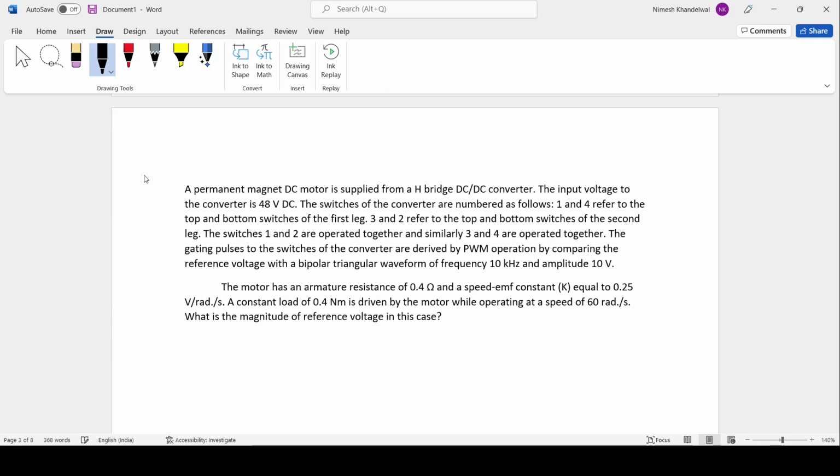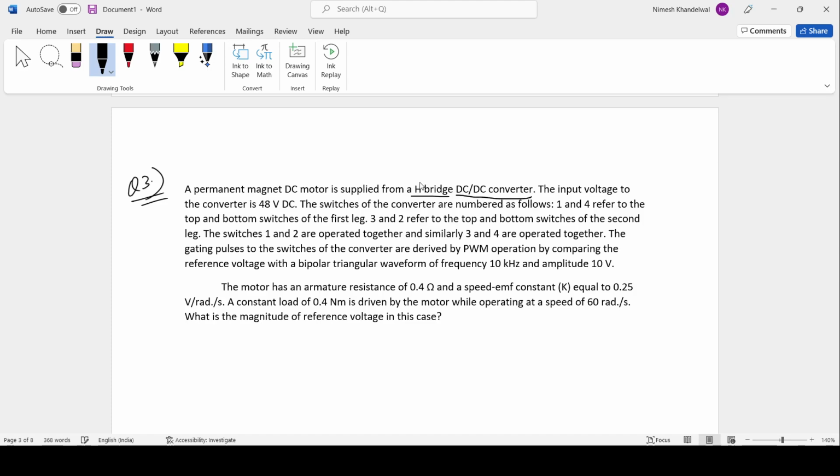Okay, this problem is related to the H bridge converter that you have studied this week. So I will just quickly go through the problem again. A permanent magnet DC motor is supplied from an H bridge DC to DC converter.